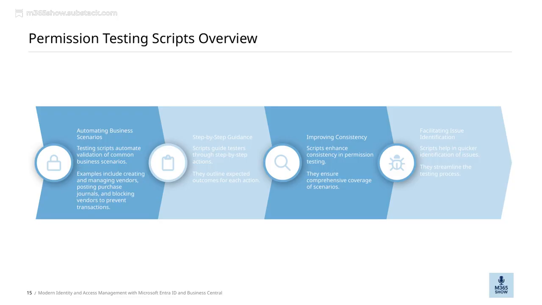For example, creating and managing vendors, posting purchase journals, or even blocking vendors to prevent transactions. All of these can be tested efficiently with automation. Overall, permission testing scripts are an essential part of ensuring our identity and access management is both effective and reliable, especially when working with tools like Microsoft Entra ID and Business Central.